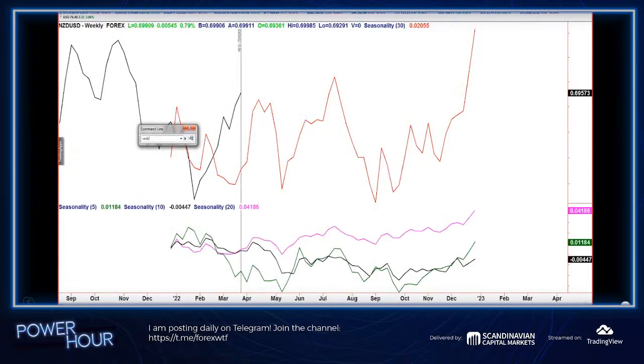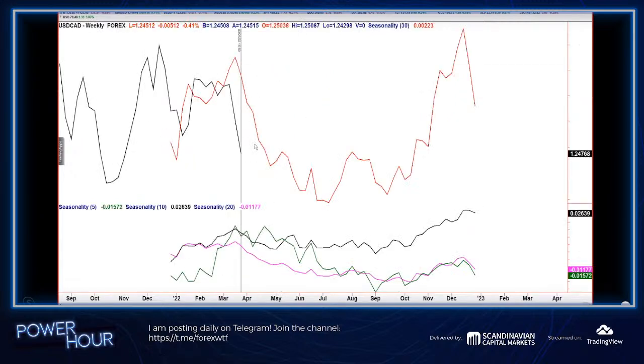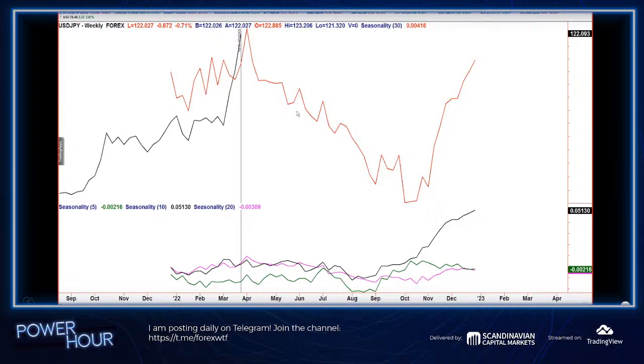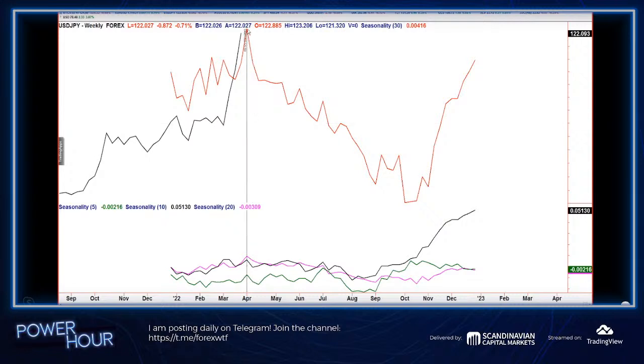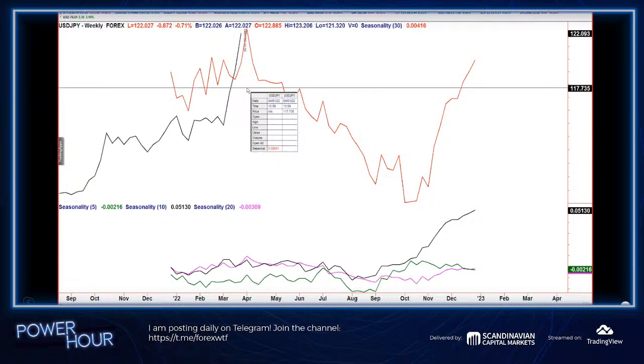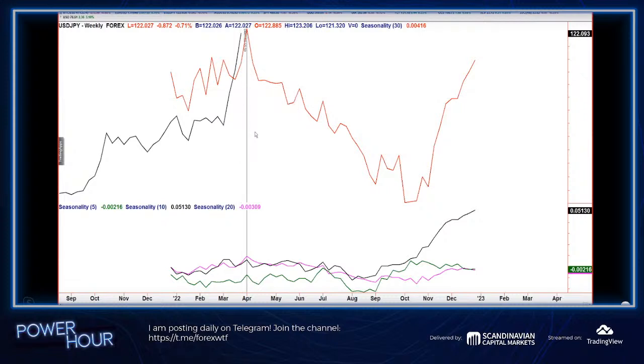Dollar CAD, you get the picture here. Dollar yen tends to peak out right there as April starts, which should be right here. This is next week. So this line will go here with April's close, April 1st, which is a Friday. So I did want to point that out.